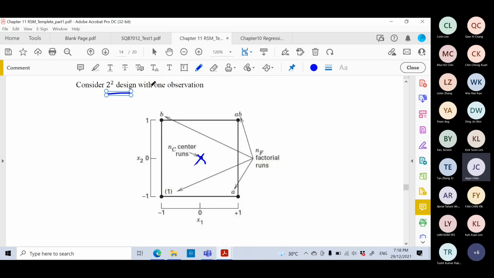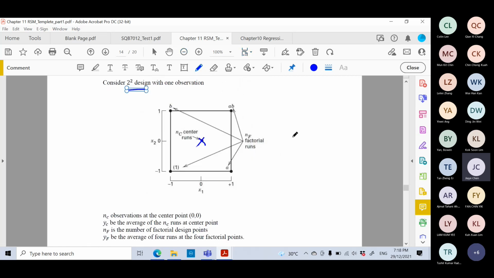We want to compare the quadratic like this one. We have these 4 points, and then we also run the center point. From the center point, we get the mean for C. From the 4 factorial points, we get the mean for the factorial points.